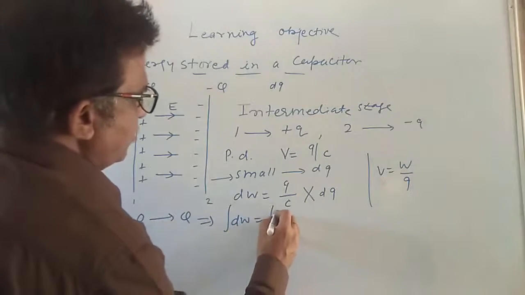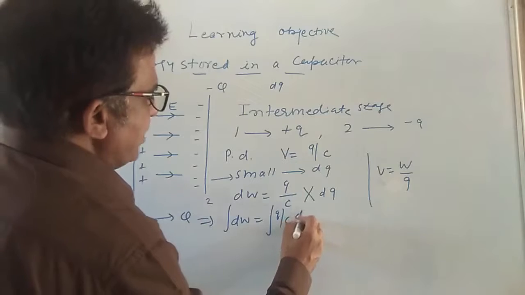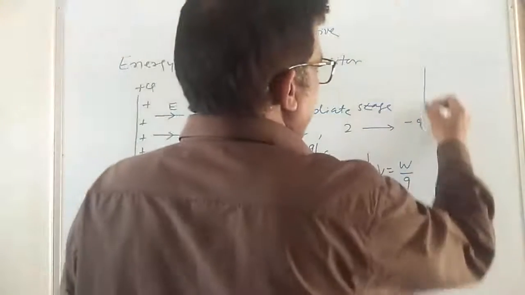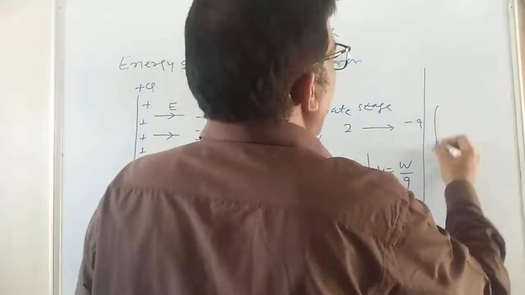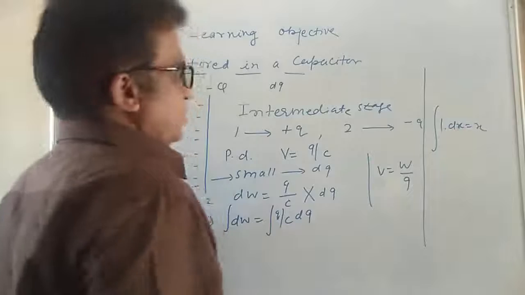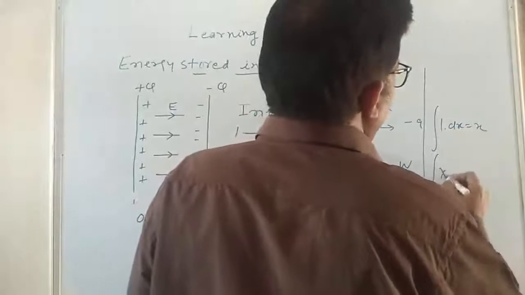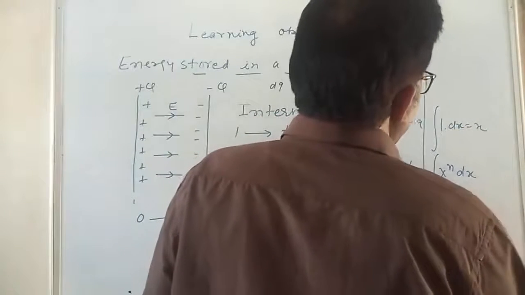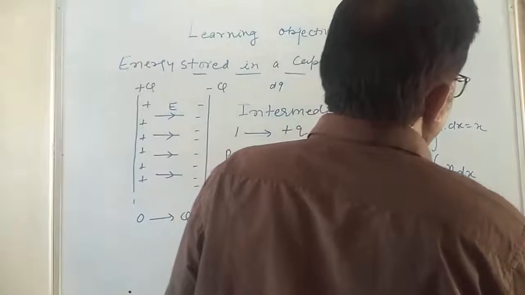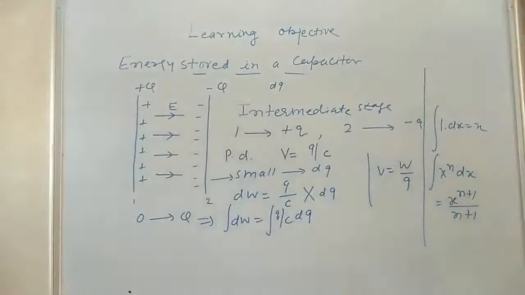Integration of dW, Q by C dQ here. My dear children, you know the formula: integration of 1 dx is x. Integration of x to the power n dx is x to the power n plus 1 divided by n plus 1. Write down.